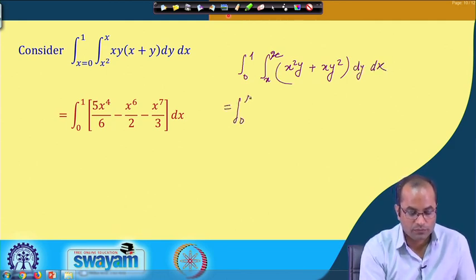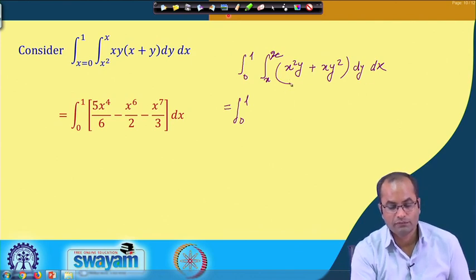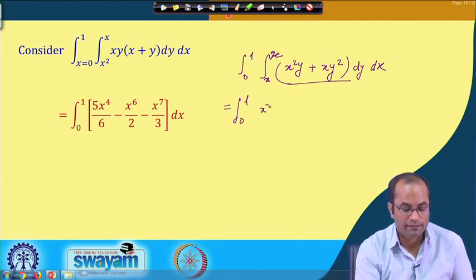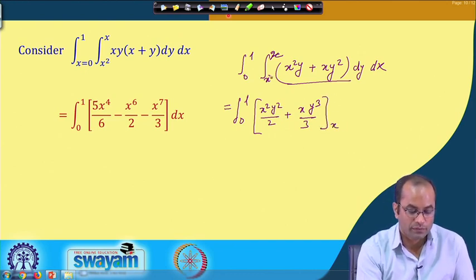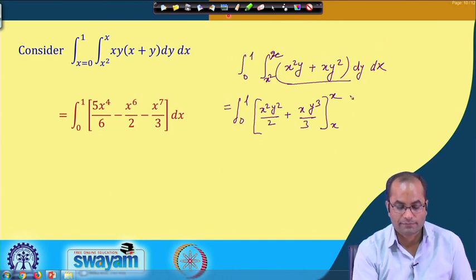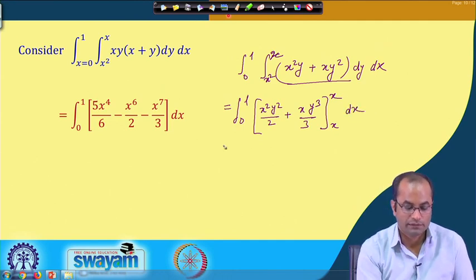This is 0 to 1 and we integrate now with respect to y. So, we will have x square and y square by 2, then x and y cube by 3, that is the integral, and then we put the limit from x square to x, and then we have the outer integral dx.